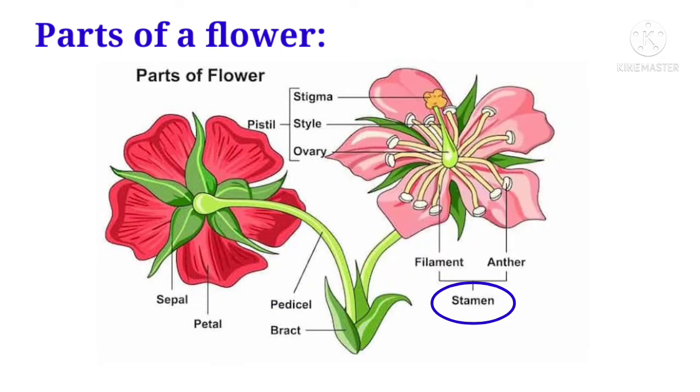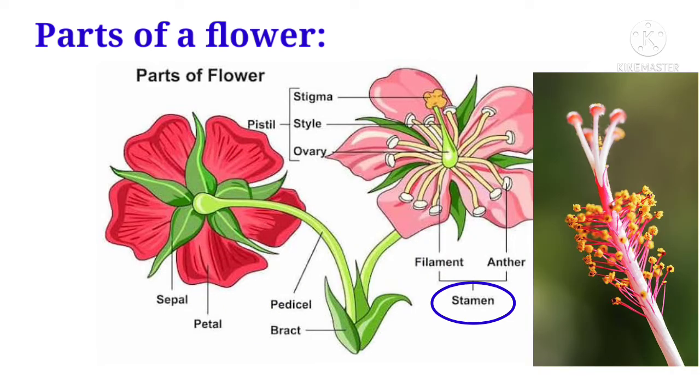And the stamen is the male part of the flower. Dear children, you should remember this. The stamen is the male part of the flower. It is made up of a thin stalk called the filament with a bag-like head called the anther.